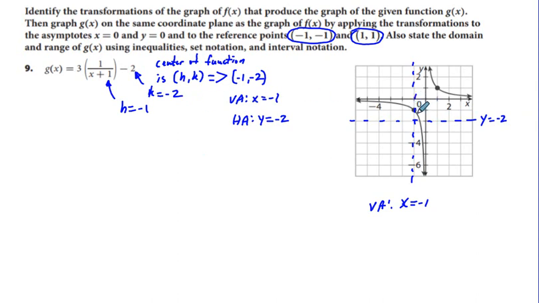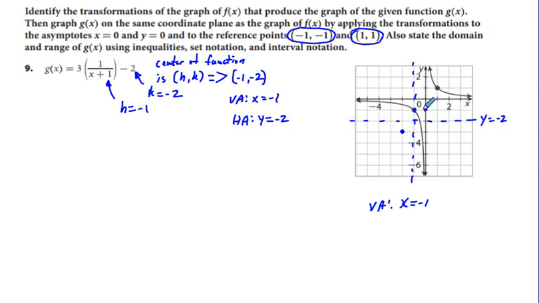And what this is going to do is move these given reference points to the left 1 unit and down 2 units. So this -1 comma -1 is going to come to the left 1 and down 2 right here. And likewise, our 1 comma 1 is going to move left 1 and down 2.